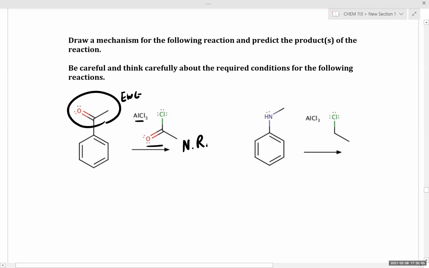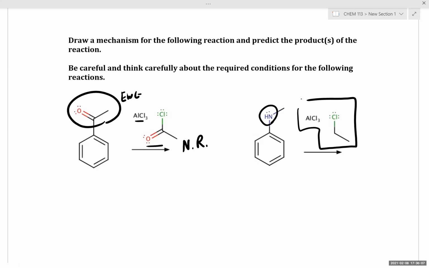Yep. So in this second case, we have a free amine and we're running a reaction under Friedel-Crafts alkylation conditions. So what do we think about these conditions and these functional groups? If we think about our previous discussions for the Friedel-Crafts reaction, what can we conclude from these conditions?